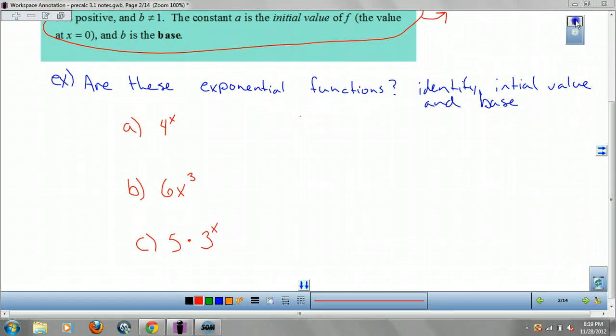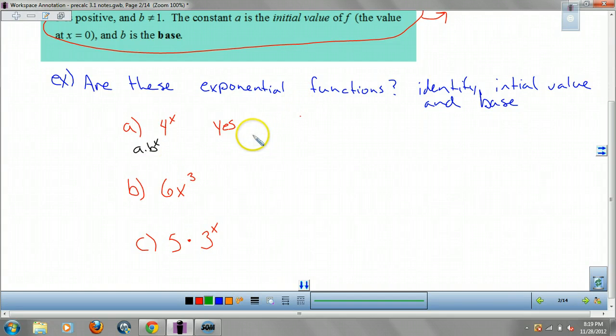Alright, are these exponential? If yes, identify initial value and base. A, 4 to the x. Well, we're taking it to the x power, so yes. Our initial, remember, is a times b to the x. We don't have an initial.